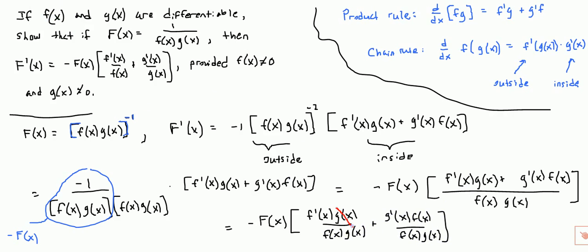So here the g of x cancels, and here the f of x cancels. And what we are left with is negative F of x times f prime of x over f of x plus g prime of x over g of x. That's exactly the form that we were asked for.